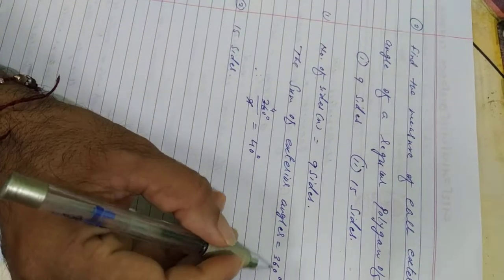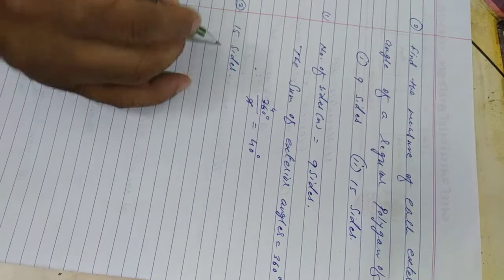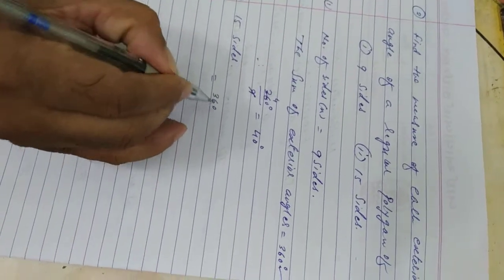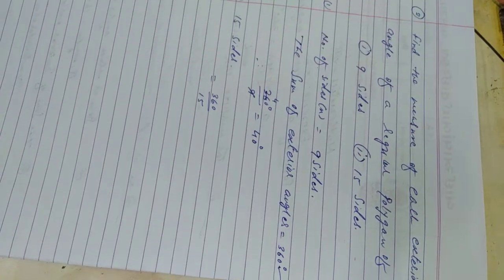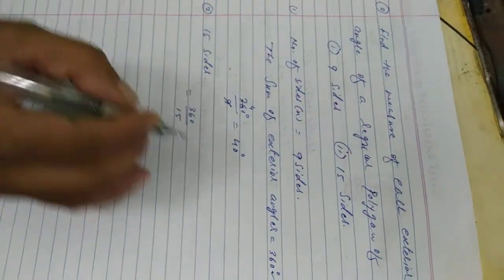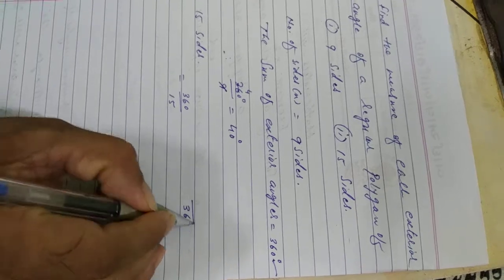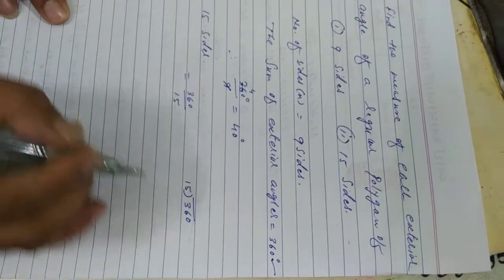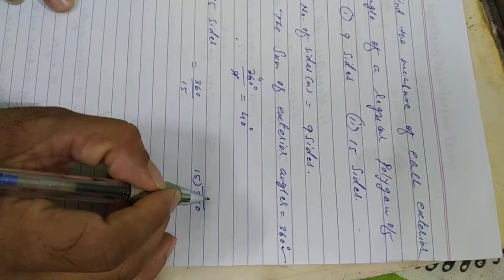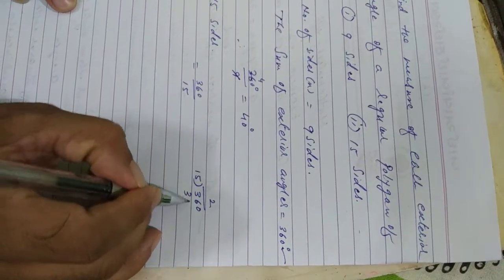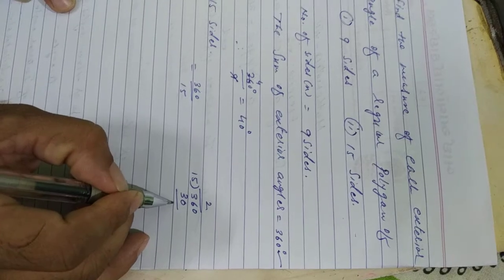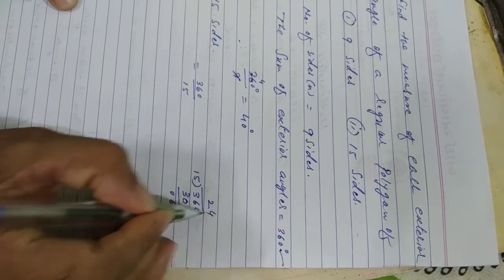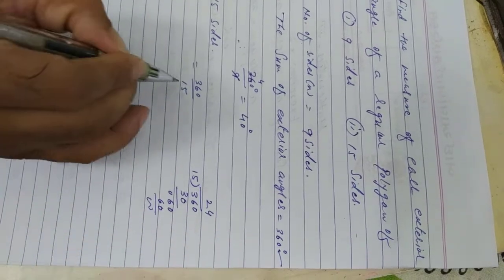The sum of exterior angles is equal to 360 degrees, which is the common sentence, so 360 upon 15, right? Now 360 divided by 15. 15 ones are 15, 15 twos are 30, 15 threes are 45, so 15 twos are 30. So 6 minus 0, 6, 0. Now 15 fours are 60.